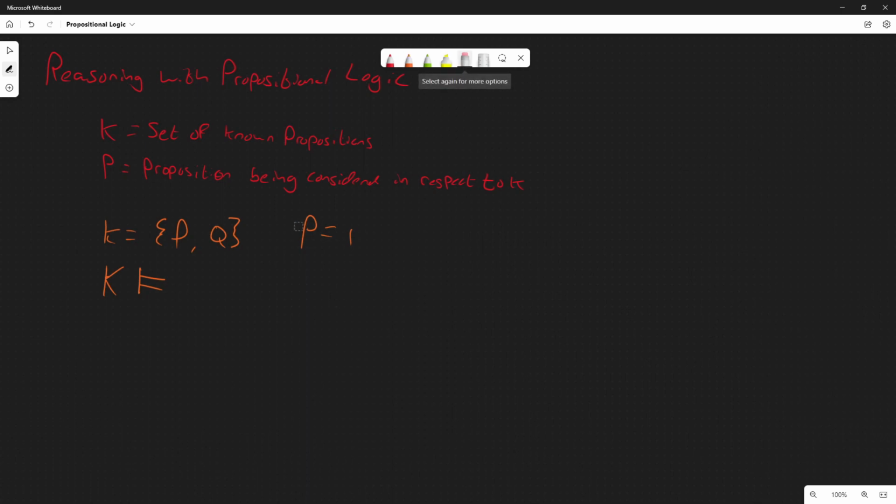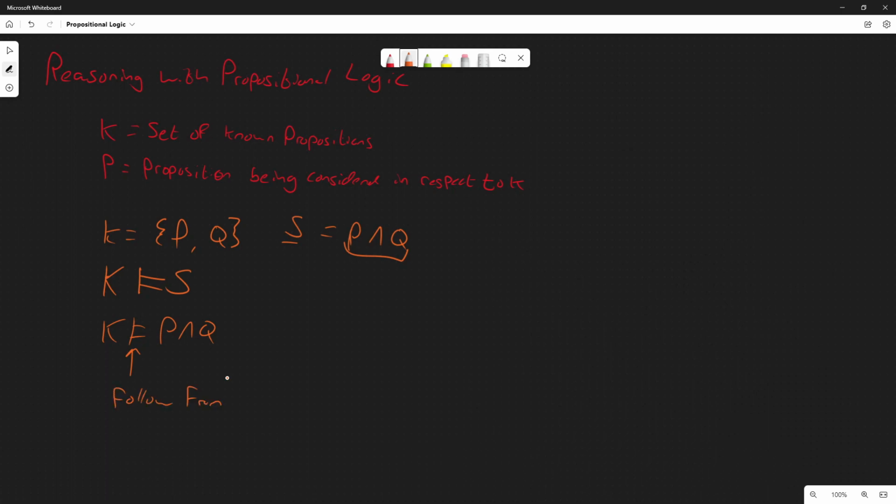We're going to say some S, P and Q. Shouldn't have named these two P and Q. So we have some S, which is the thing we're querying, which is this formula here. We're asking, in other words, does P and Q follow from K?